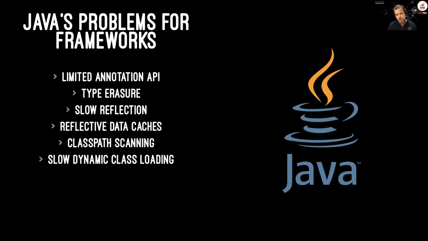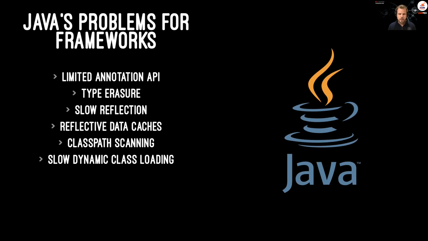Because there are essentially limitations that fall down into the Java virtual machine, in terms of if you do things at runtime, there is just no way around these things. There is a limited annotation API in Java, which is only really available via reflection. The Java virtual machine, with generics being added later, makes extensive use of type erasure, so that in order to find out whether something is a list of string, you have to use reflection to figure that out.